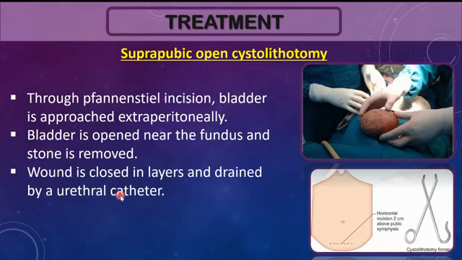Head down helps to migrate the viscera toward the head side, so there is less chance of injury to the gut. And before opening the urinary bladder, we always make sure by aspirating the contents, whether it is urine or gut content. If it is urine, then you make an incision there, otherwise not. This is a very important tip for suprapubic open cystolithotomy.